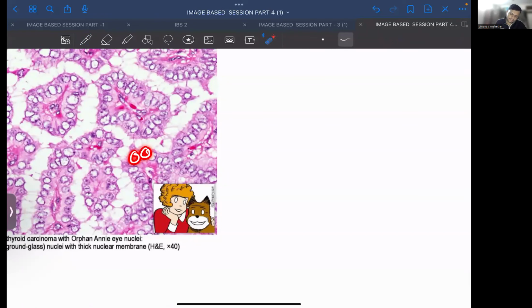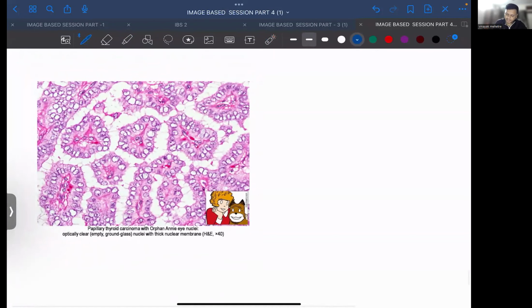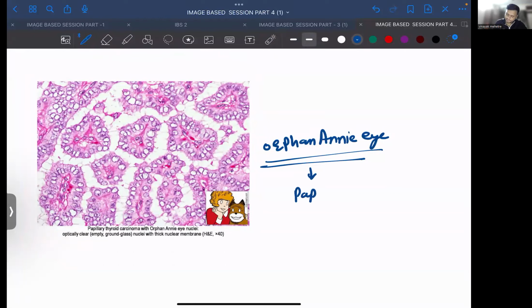It looks like an eye, okay. The name is Orphan Annie eye. This image has been asked, okay. Why was this name given? I don't know. It is seen in, yes, papillary cancer of thyroid.